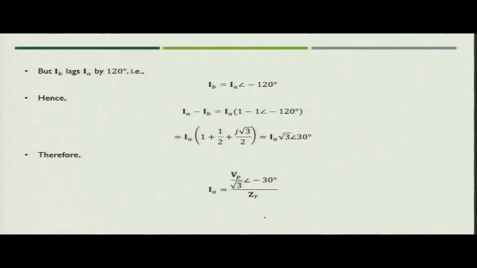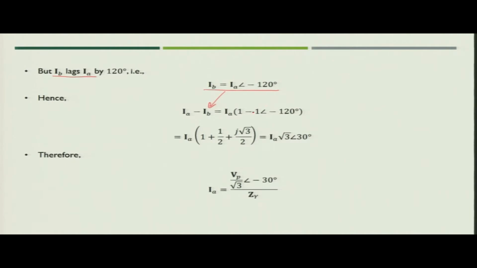As we know that IB lags IA by 120 degree, we can write IB is equal to IA angle minus 120 degree. Putting this into IA minus IB, we get IA times the bracket 1 minus 1 angle minus 120 degree.